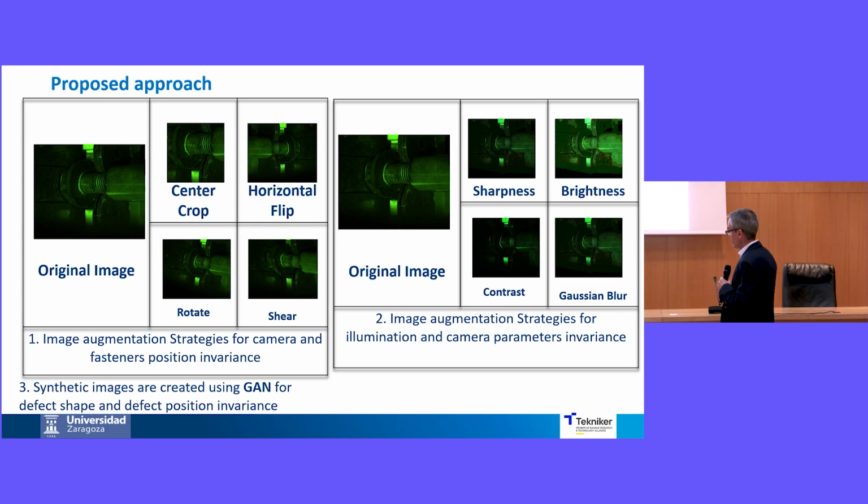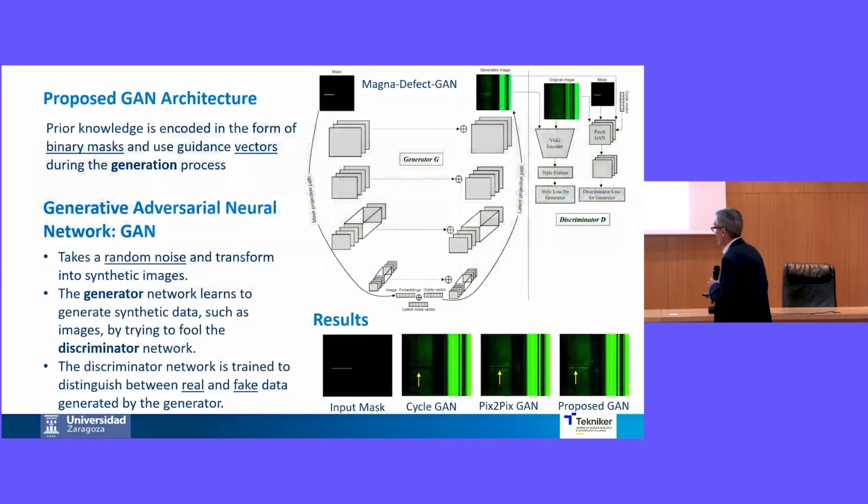Some of them use position invariance. Some of them use camera parameters invariance, changing some of them. And the third one, the most powerful technique, is to develop a tool to create a synthetic image in order to have enough information to train the model.